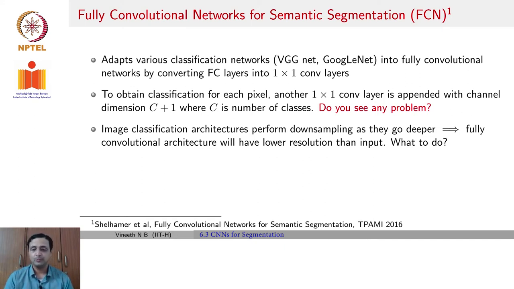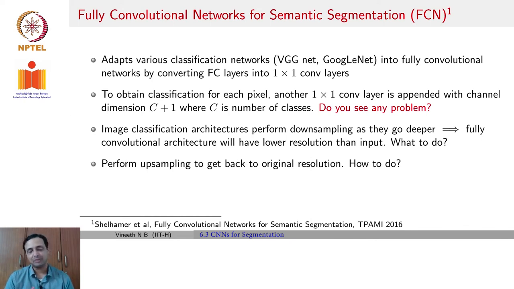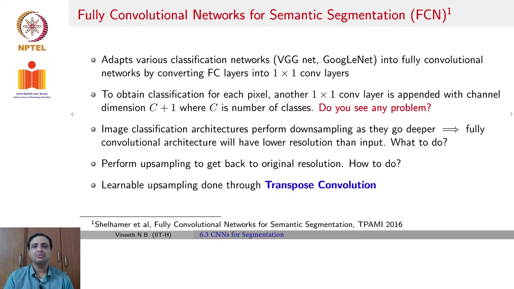So what do we do? We already know the answer. We can upsample after a certain stage. So you have convolutional layers, and after a certain stage you upsample and bring the feature maps to the same dimension as your input image. How do we upsample? One of the methods that we have discussed before is transpose convolution.